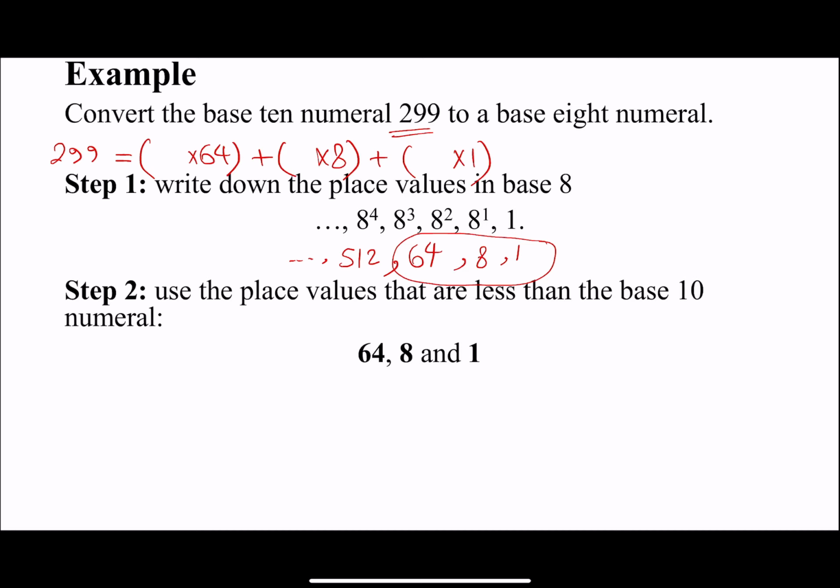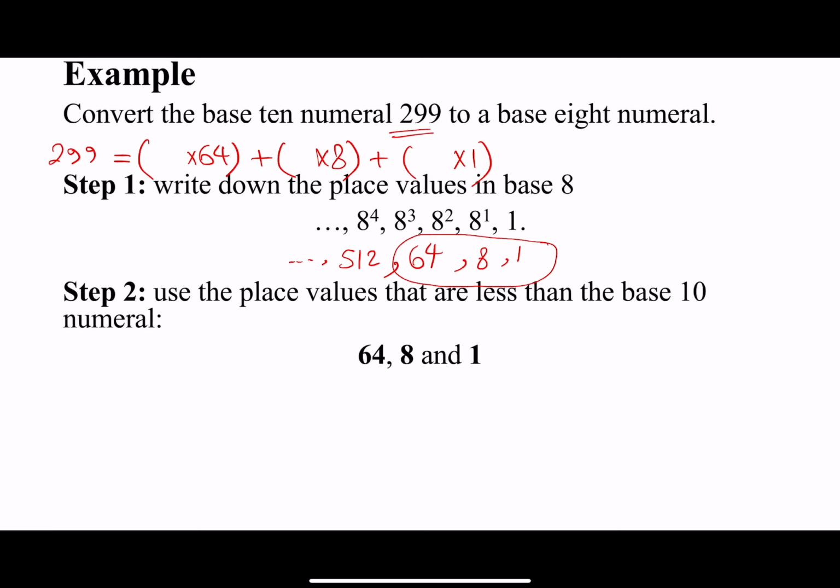So I try 4. 64 times 4 is 256, which is less than 299. Okay, so 4 groups of 64. If I multiply by 5, I get a number bigger than 299, so I choose 4. So 4 times 64 is actually 256.